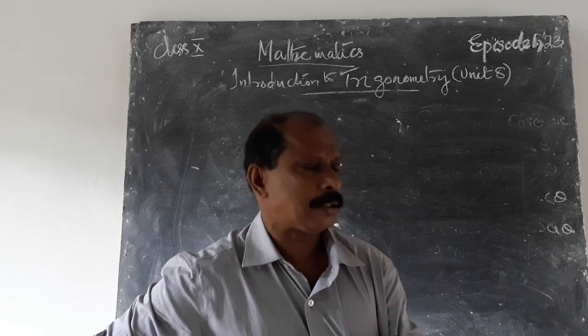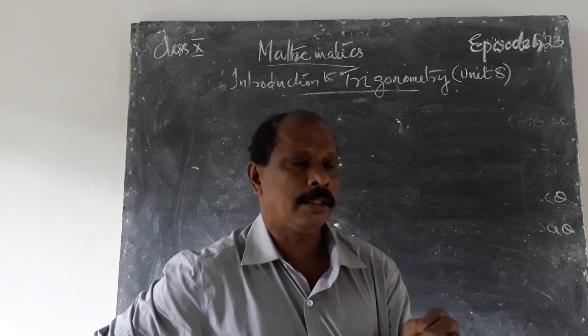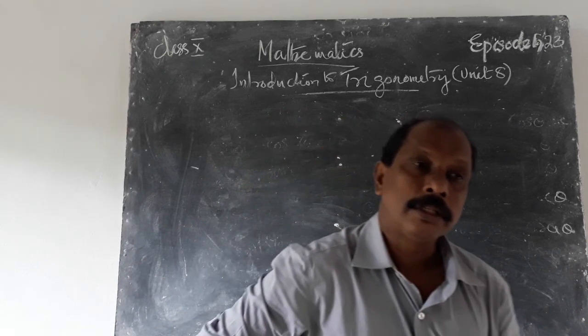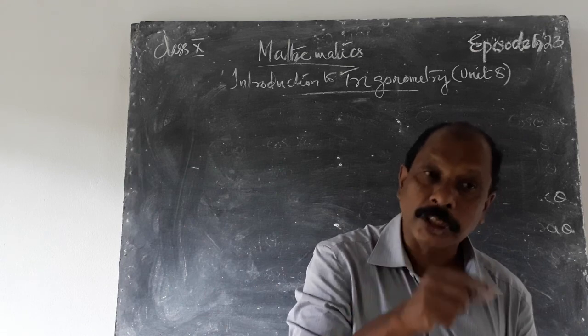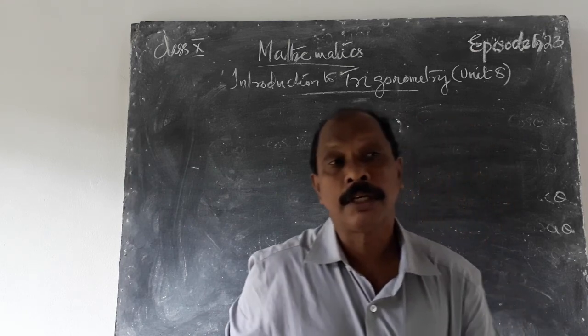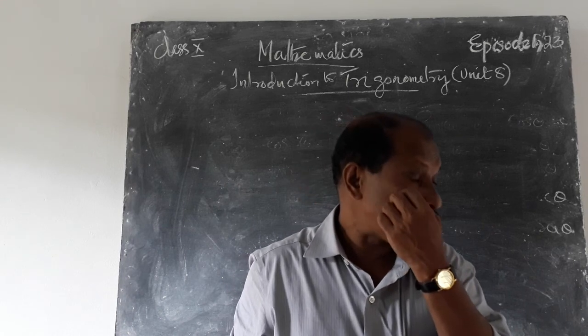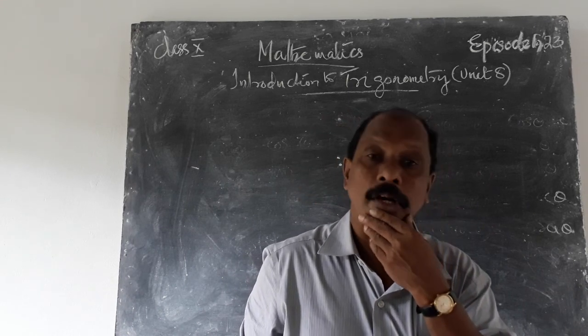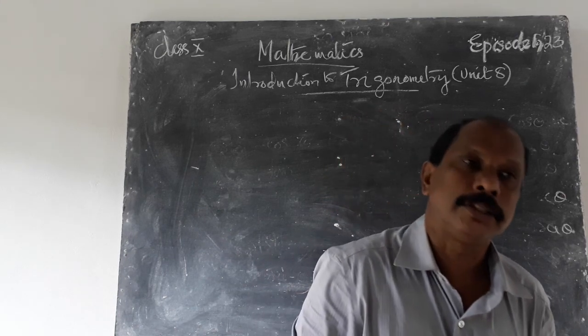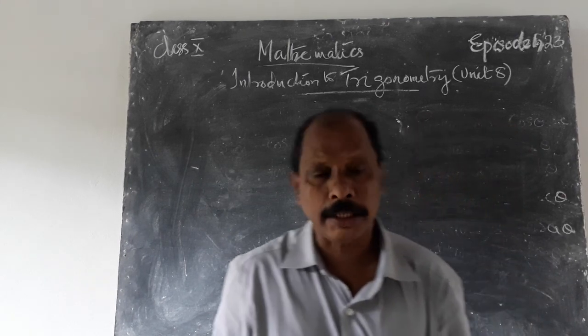We know the results for 0 and 90, sin 0, sin 90, and similarly for tan. But the values for 0 and 90 are not important from the examination point of view, because in this chapter the values of 0 and 90 are eliminated, though we know the results. What is sin 0, cos 0, tan 0, and so on.